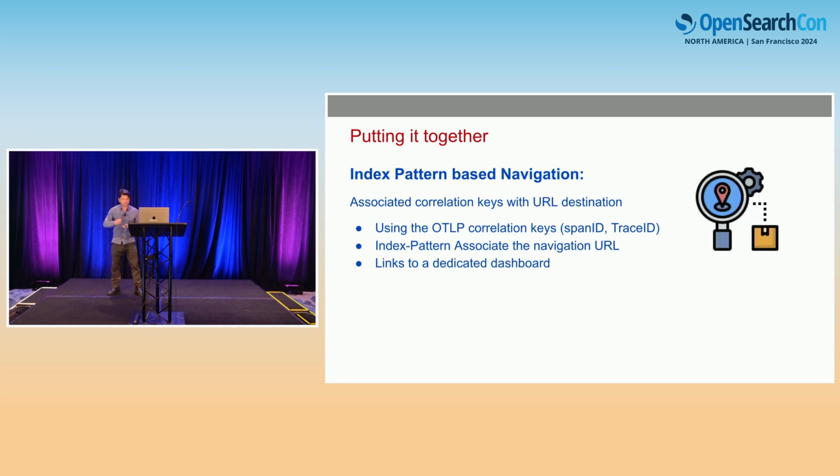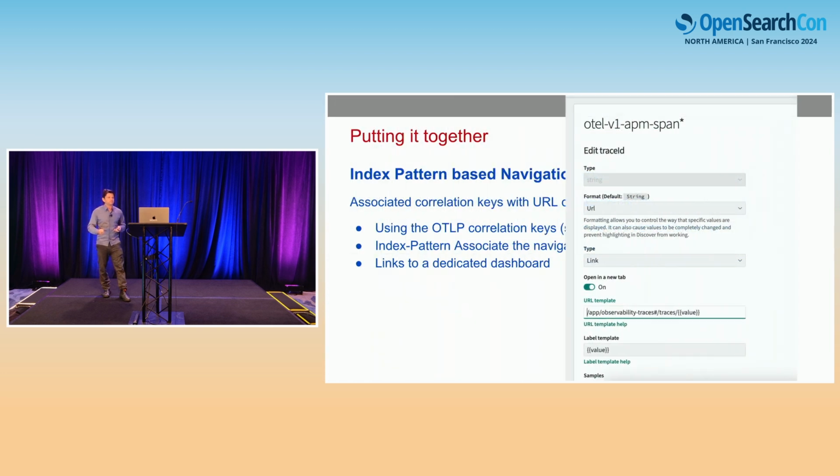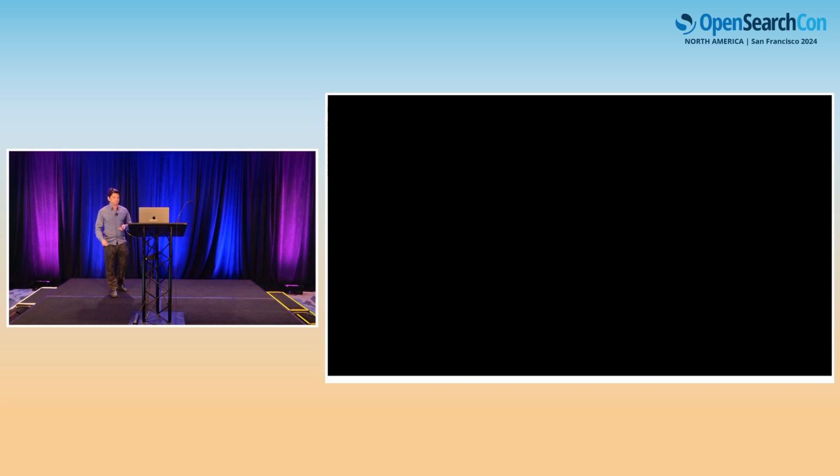And as Kevin showed earlier, we will use the index pattern navigation capability so that each component, each field, whether it's a trace ID, span ID, HTTP, as Kevin showed earlier, each field that can be associated with a different dashboard will be associated, and once selected, that dashboard would be navigated to with that specific ID, whether it's a service name, an IP, trace ID, and so on.